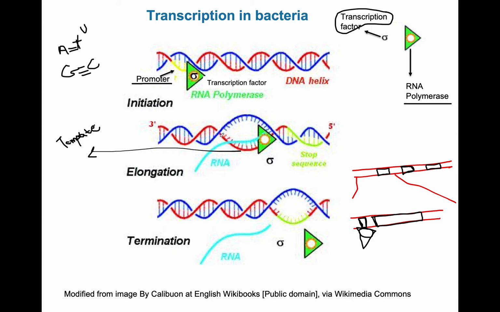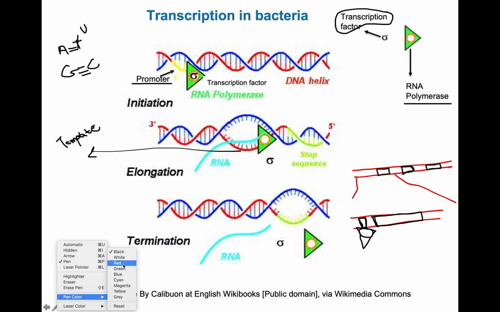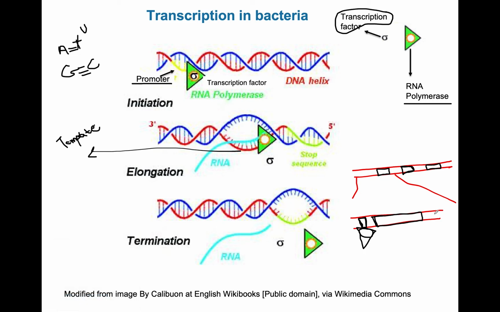Okay, so the RNA polymerase goes along the DNA and makes the copy, but then there needs to be some signal telling the RNA polymerase when to stop making more RNA, because there is an end to the gene. And that is determined by a DNA sequence at the end of the gene, which is called the terminator sequence. So once the RNA polymerase reaches the terminator sequence, it knows when to stop.